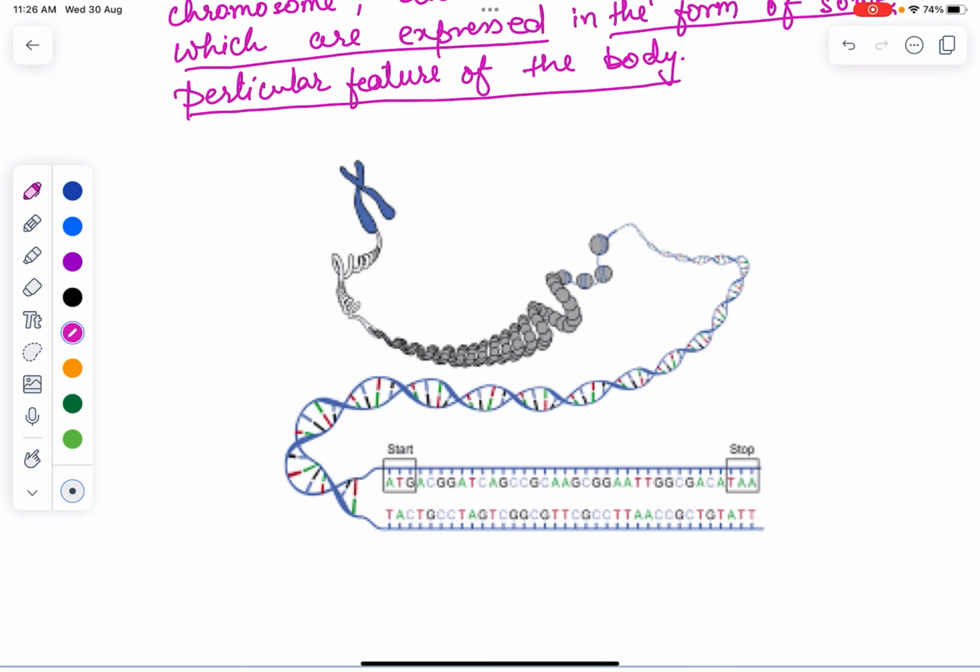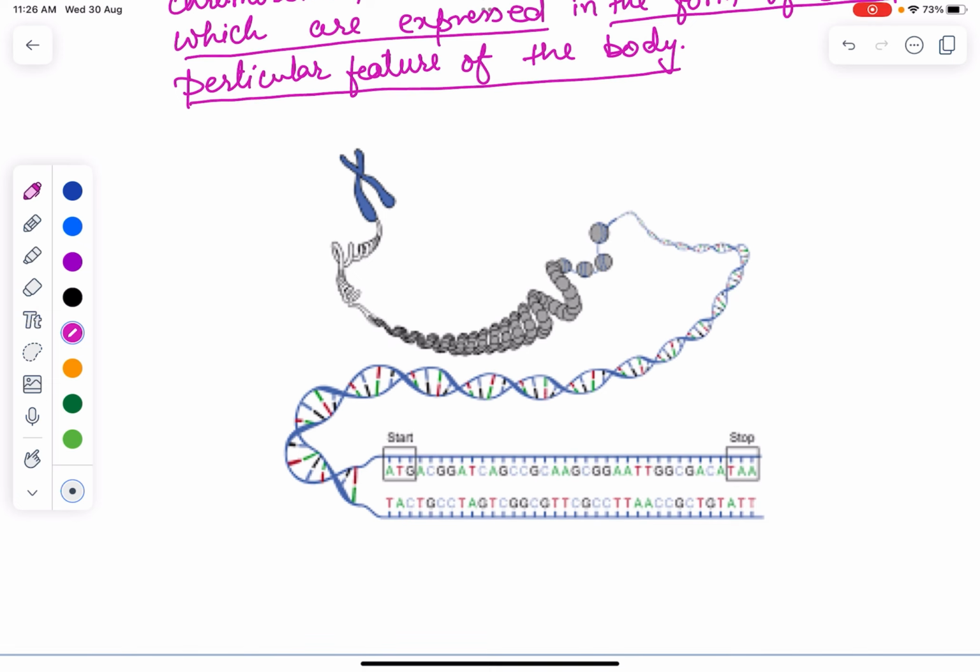See, this is DNA, and the nitrogenous bases in the DNA are adenine, thymine, guanine, cytosine. If this part of the DNA encodes some protein, and that protein shows a characteristic, like a person having blue colored eyes, or this part may show the color of the hair, brown, black or something.